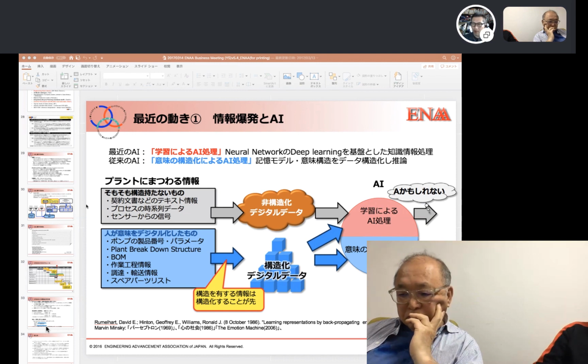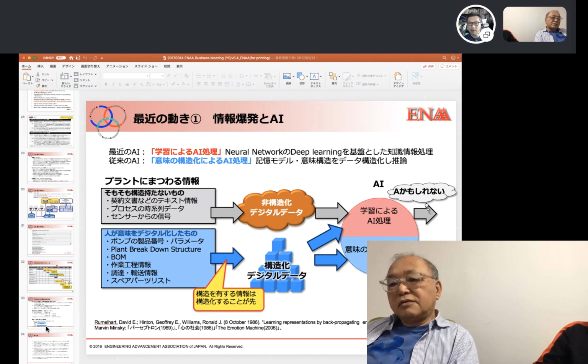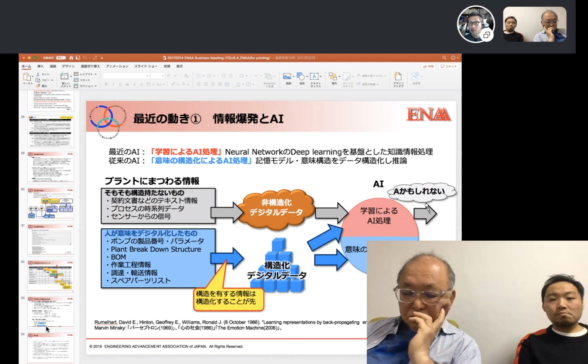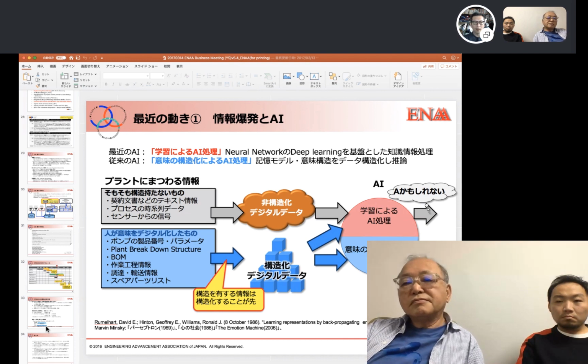On the other hand, one of the advantages of explicit knowledge AI is that this system can give us definitive answers, yes or no, and also we can trace back what kind of logic is behind that judgment. This can be traced back in a systematic way.